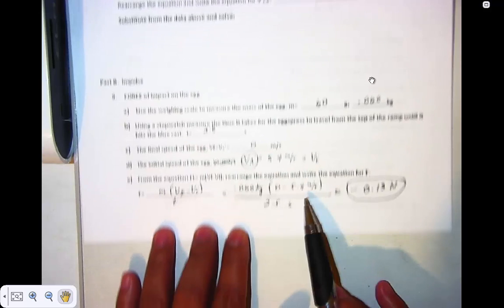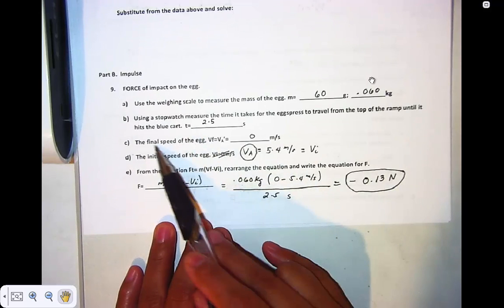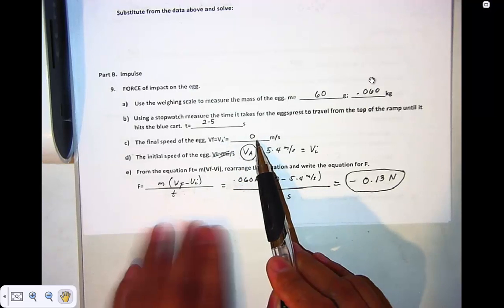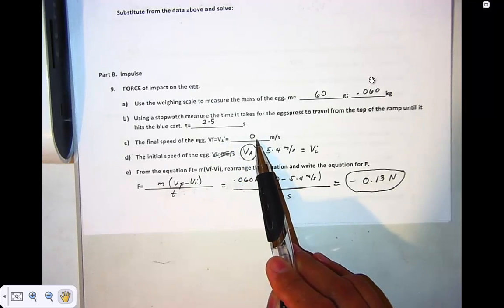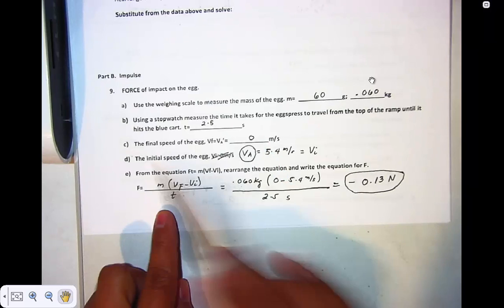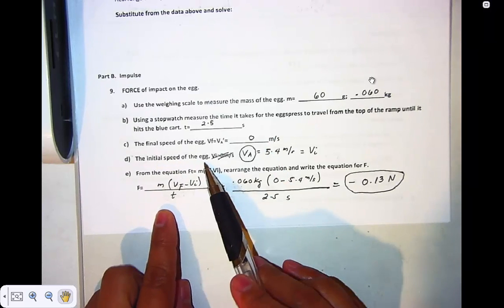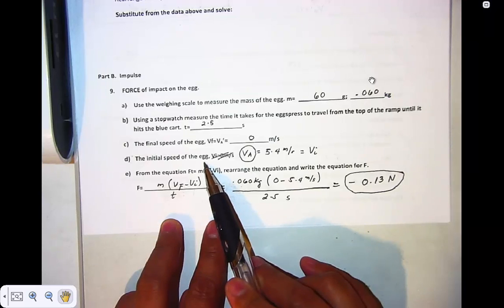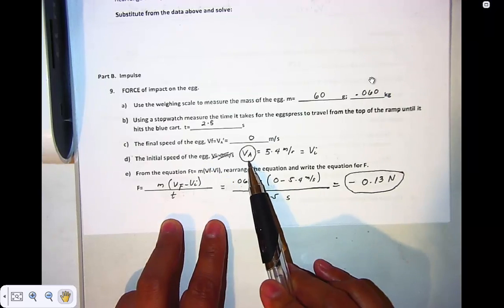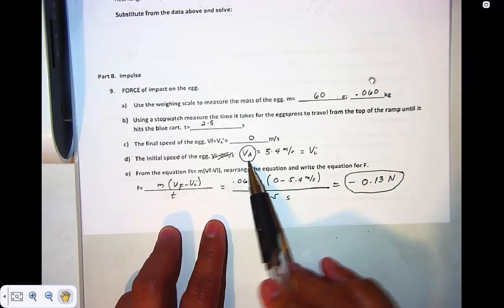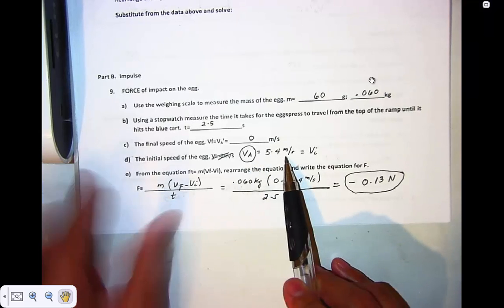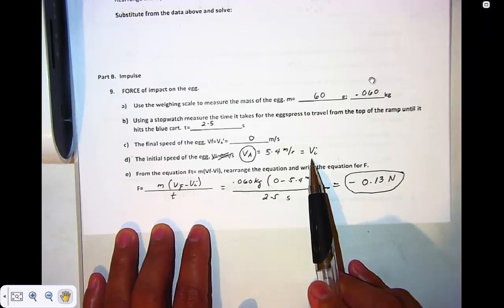So here it is what you're going to do. The final speed of the egg is the VA prime. So that was 0 because eventually it will stop. The initial speed of your egg, because it was on your Eggspress, will be the same as the initial speed of the Eggspress. Before it hits the blue cart, we solved that VA was 5.4 from part A, so that's your VI.